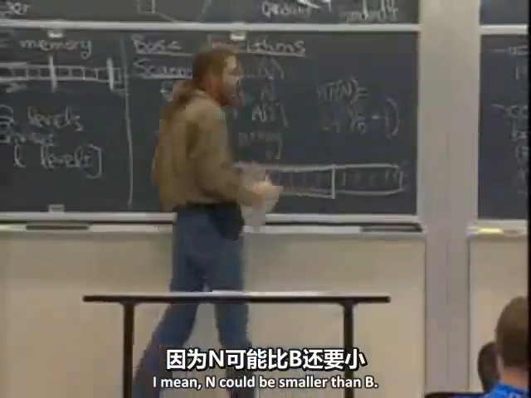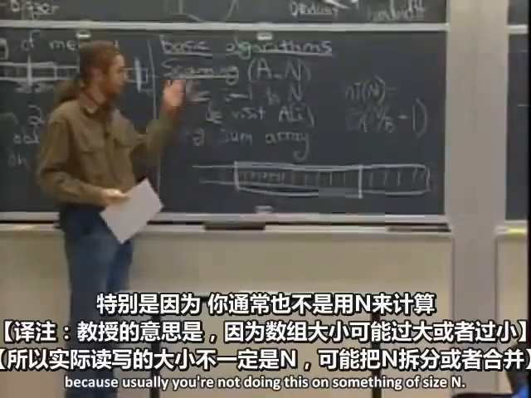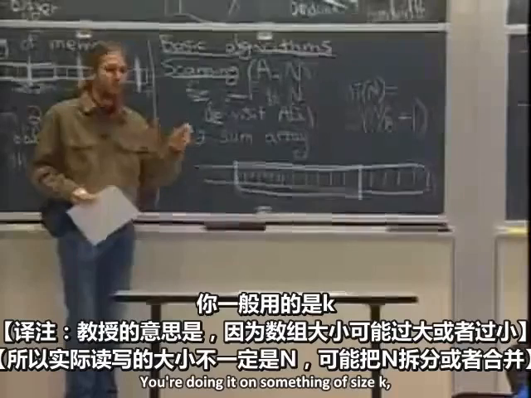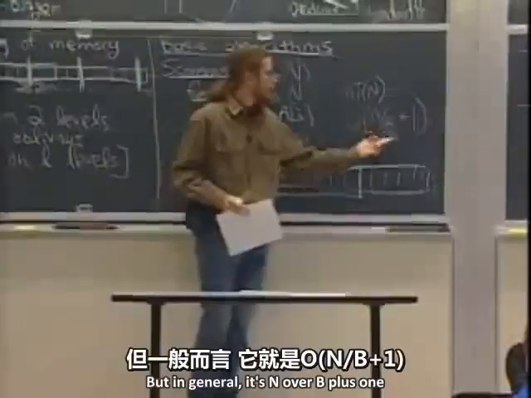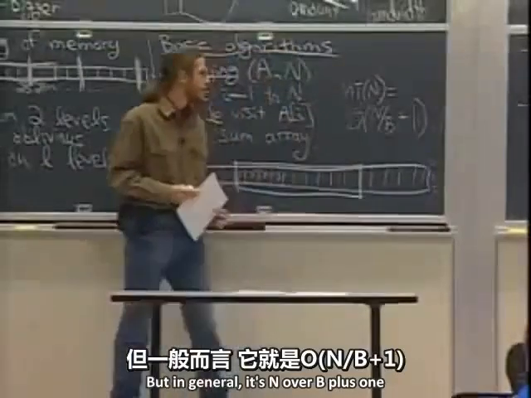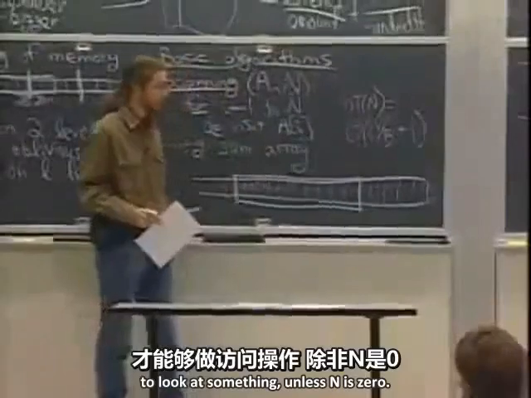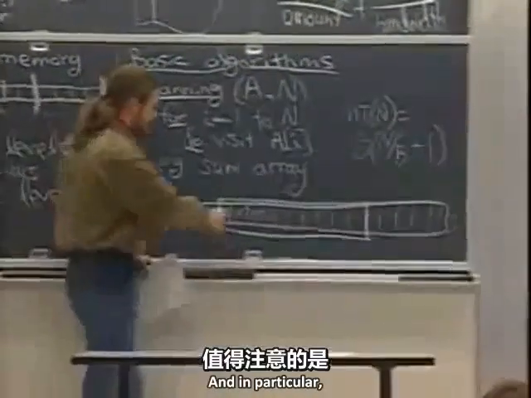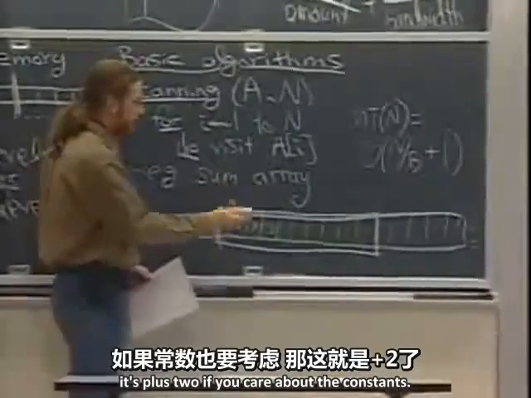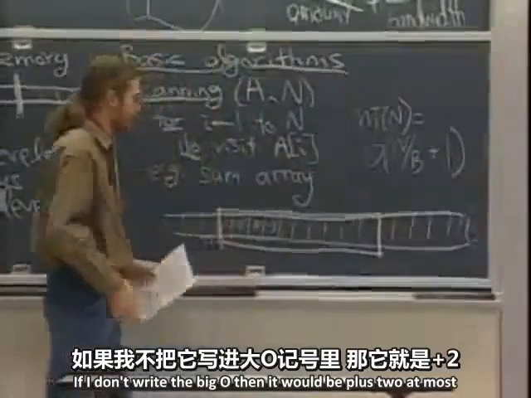I mean, N could be smaller than B. We really want to think about all the cases, especially because usually you're not doing this on something of size N. You're doing it on something of size K, where we don't really know much about K. In general, it's N over B plus 1, because we always need at least one memory transfer to look at something, unless N is 0. And in particular, it's plus 2 if you care about the constants. If I don't write the big O, then it would be plus 2 at most.